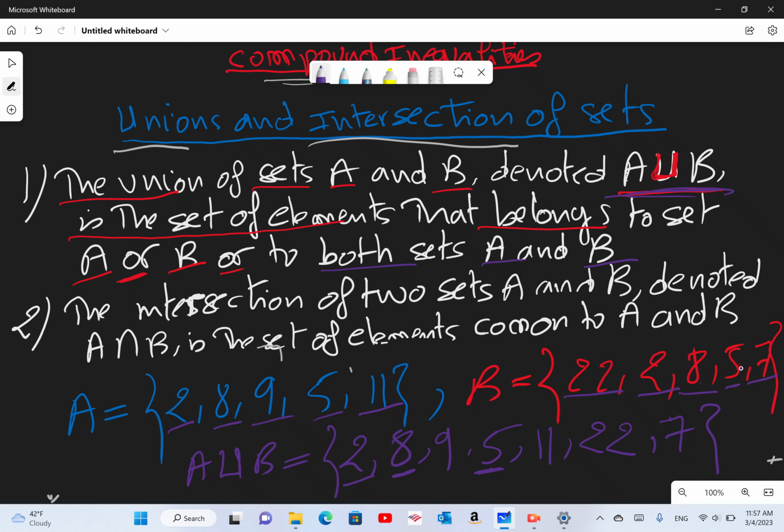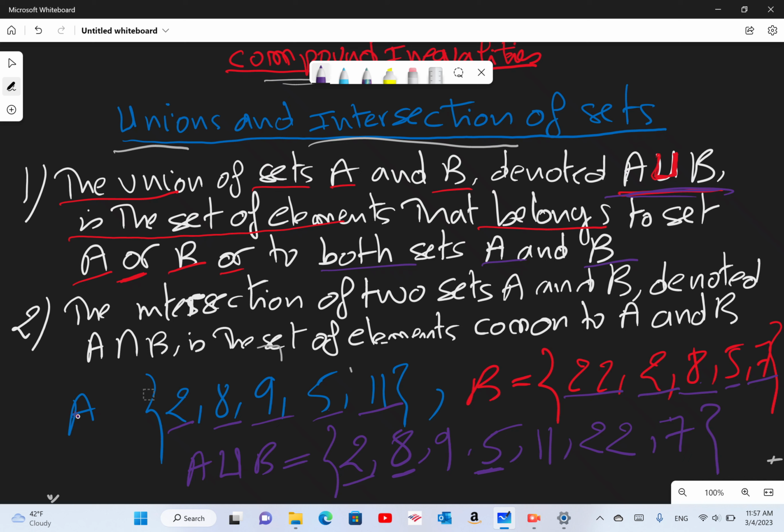They're all elements of A, and they're all elements of B. So A union B is all the elements of A and B, or both, can be in A and B. So that's what the union is, the definition in this particular example.